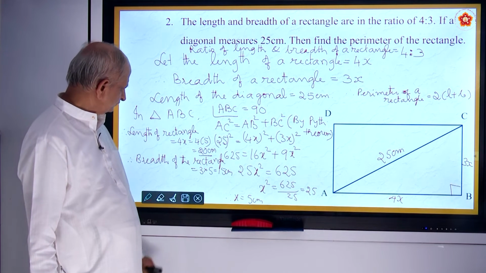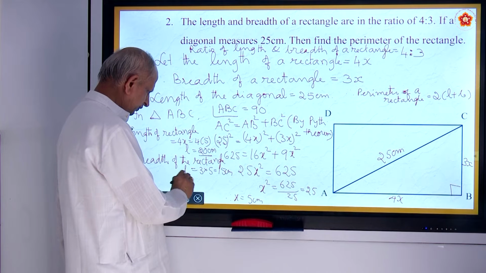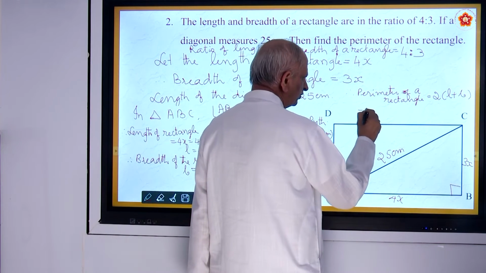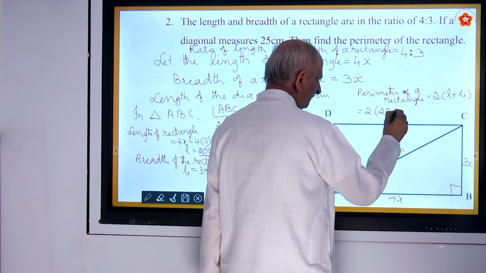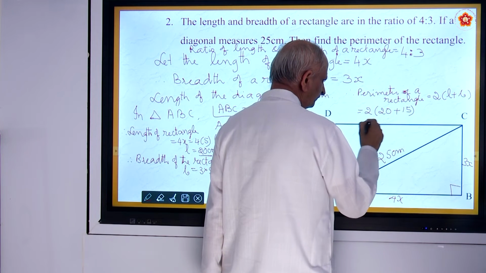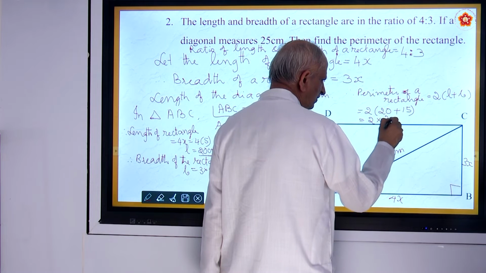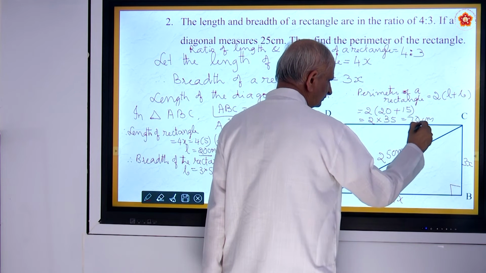What is L? L is equal to 20. What is B? 15. So, 2 into 20 plus 15, 2 into 35, that is 70 centimeters. That is the answer.